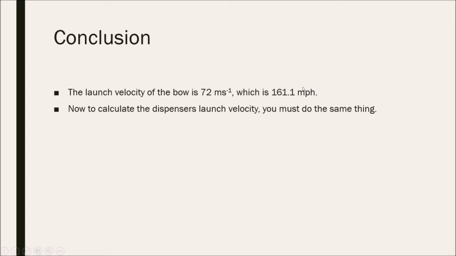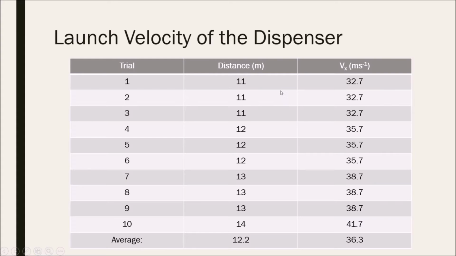Now, as we calculate the launch velocity of the dispenser, it's the same exact thing, just over a different distance, because the dispenser is nowhere near as powerful as a bow at its max.